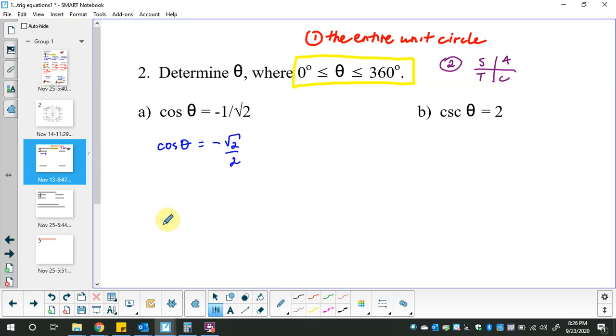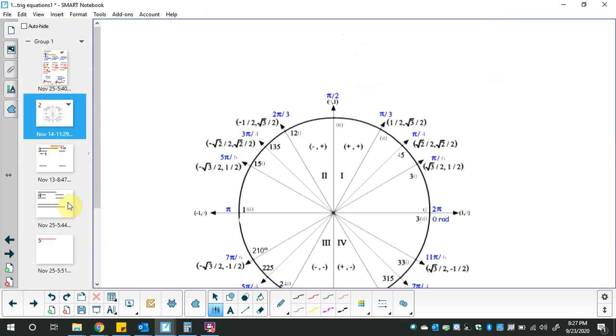That's negative, so this is negative. So basically, we're going to look at the entire unit circle, because this is a unit circle number, and look for places where the cos value, the first one, is negative √2/2.